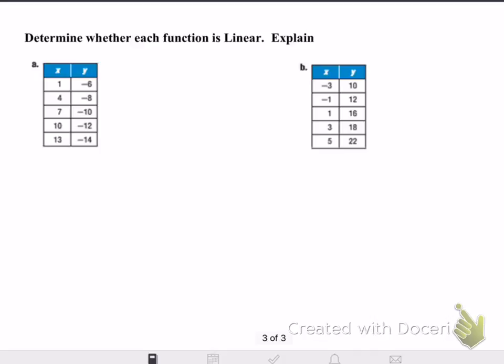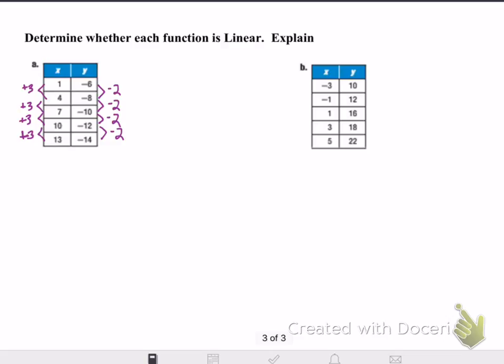Well, let's see. So the difference, if you see the difference here, it is going down by 2 each time, right? Negative 6 minus 2 gives you negative 8. But my x's are going up by 3 each time. And so I don't know, would you say this is linear?